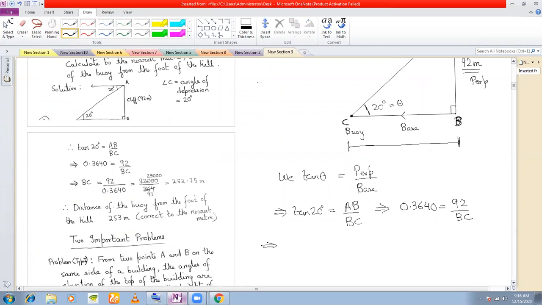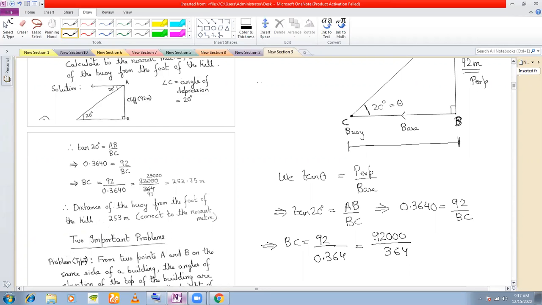That means BC is 92 by 0.364, omitting the 0. Which can also be written as, shift 3 decimals to the right, 92,000 divided by 364.